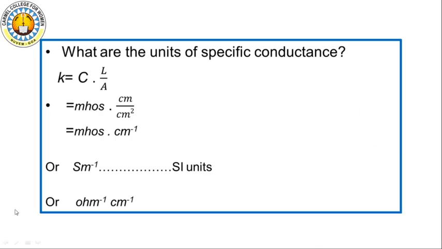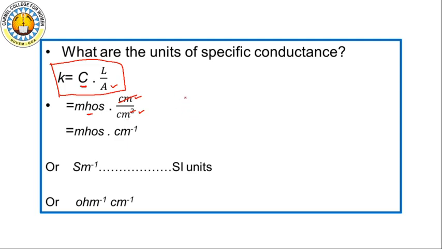Now, what are the units of specific conductance? We have the formula, so you have to remember this particular formula. Now, conductance is in mhos, length is in centimeters, area is in centimeter square.